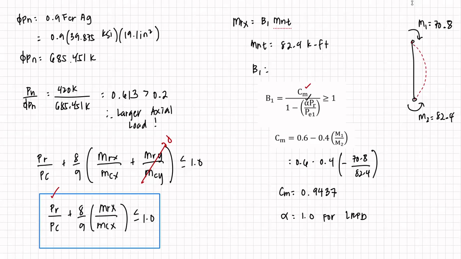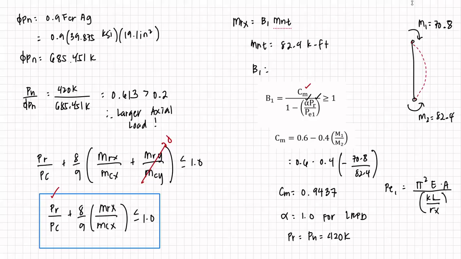PR. Okay. So, PR natin ang gagamitin is the one we calculated, ano, which is yung 420. So, PR, yun yung PU natin. That is 420 rather. Okay. So, ang wala pa natin is si PE1. Na-base siya sa Euler's buckling equation, pi squared EA over KL over Rx.